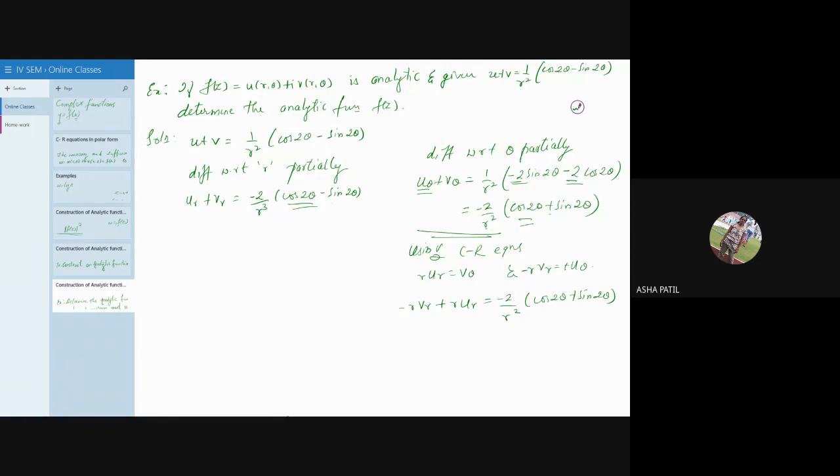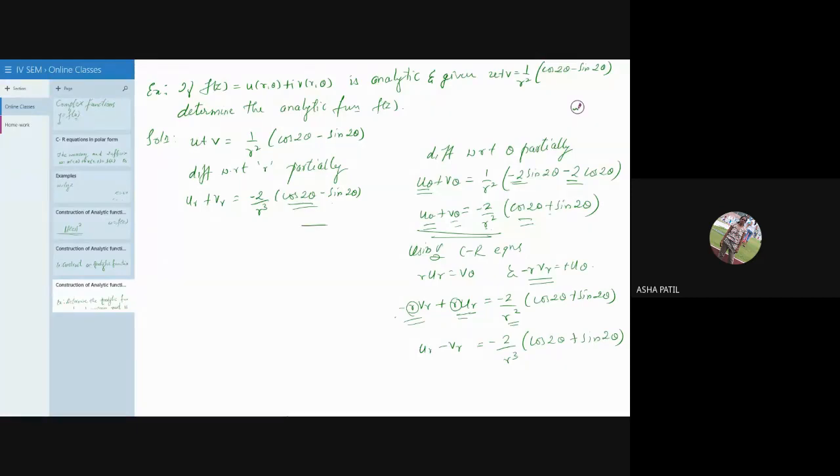Now let us take this r, which is common, to the other side, so we have ur minus vr is equal to minus 2 divided by r cube into cos 2 theta plus sin 2 theta.